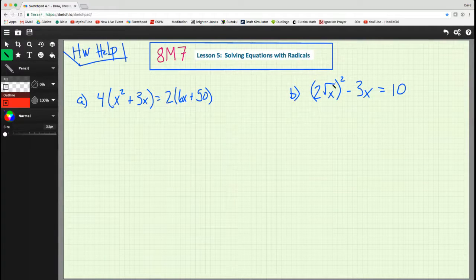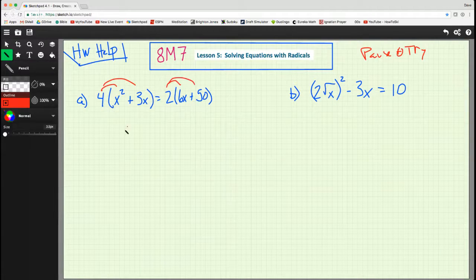Over here, you're going to remember what 2 root x is if you square it, remember how we square things, and then solve. Okay, pause and try. Now I assume you're back, so let's do it.